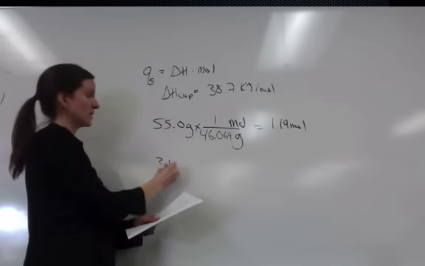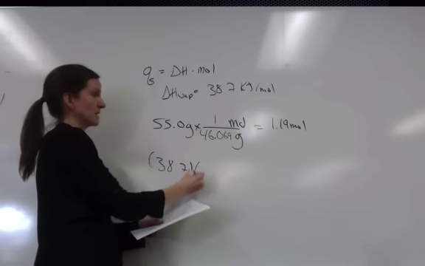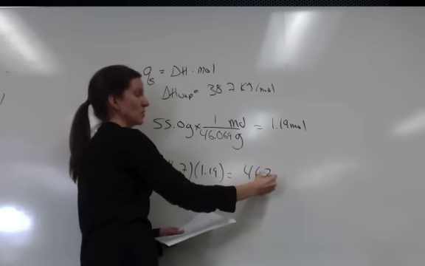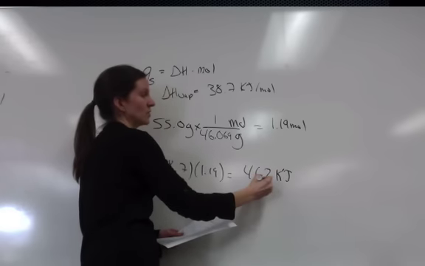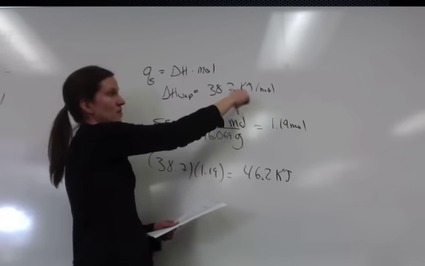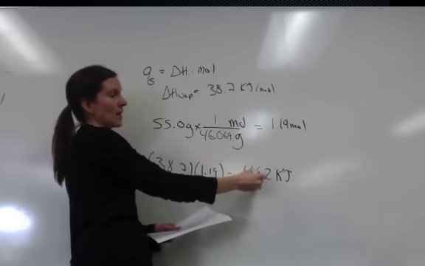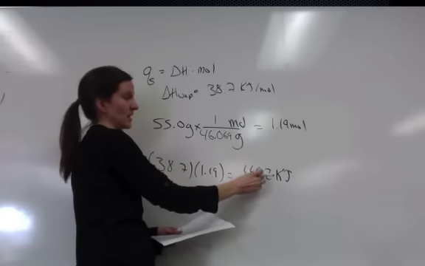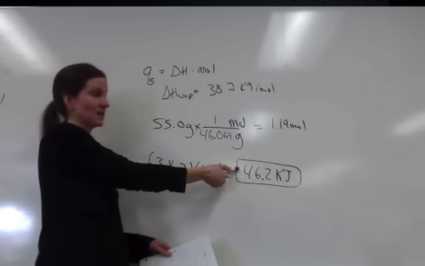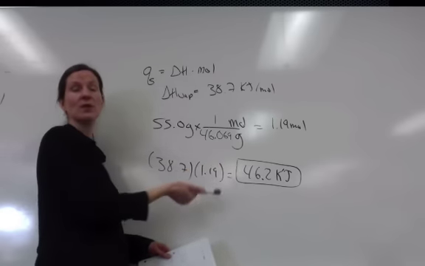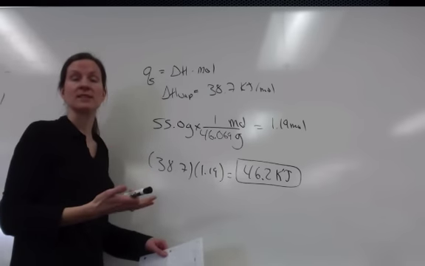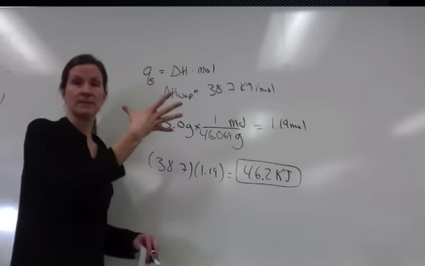Then you solve it. 38.7 times 1.19 is 46.2, and that's in kilojoules because your delta H is in kilojoules. If you take this unit and multiply by mole, the mole will go away and all you'll have left is kilojoules in the end. 46.2 kilojoules of energy is absorbed because it's positive, and we know that it's absorbed also because you need to take energy in to increase the space within the ethanol to vaporize it.